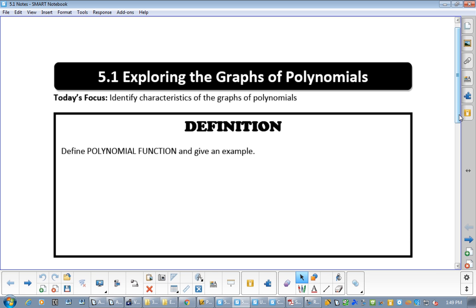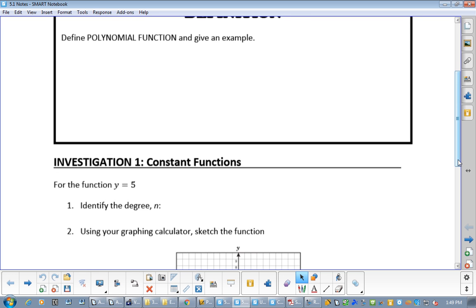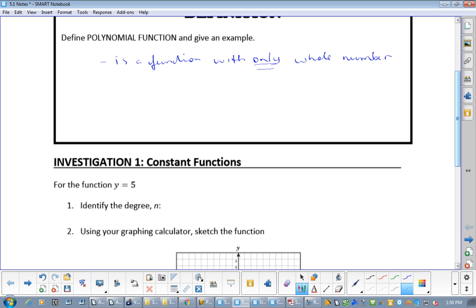We're going to be talking about polynomial graphs. Now, if you're going to be talking about polynomial graphs, it's kind of good to know what a polynomial is. It's been a while, so some of you probably think I've heard the word polynomial before, but I'm not quite sure. Now, a polynomial is a function with only, underline that 2 times, whole number exponents on the variables.